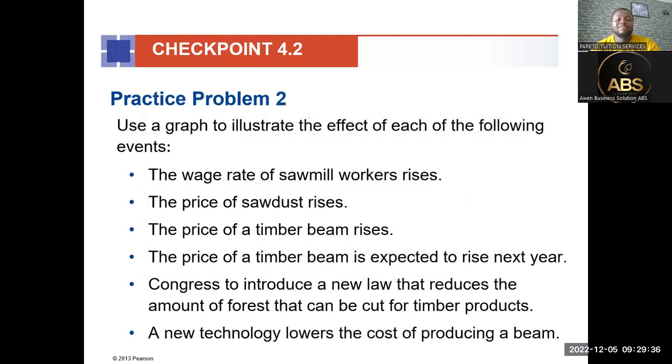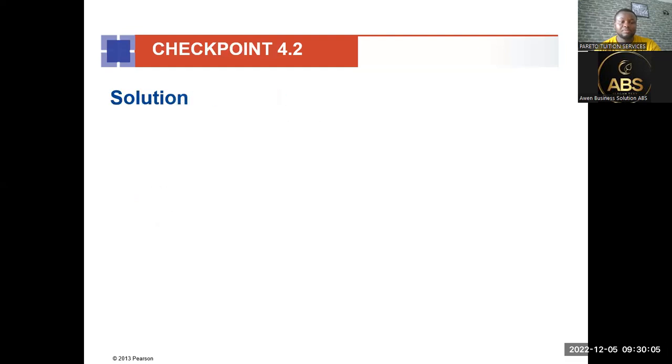Now, the same events, we have to use graphs to illustrate them. So now, apart from the price of a timber beam rising, which will cause an upward movement along the supply curve, all the others will necessitate drawing of a new supply curve. So if the event is causing a decrease in supply, then we know the curve will shift leftwards. If it's causing an increase in supply, it should cause it to shift rightwards.